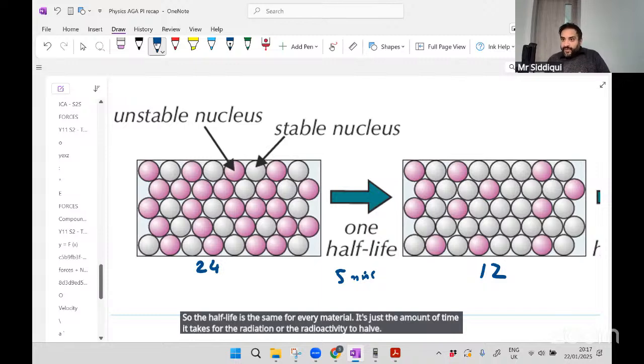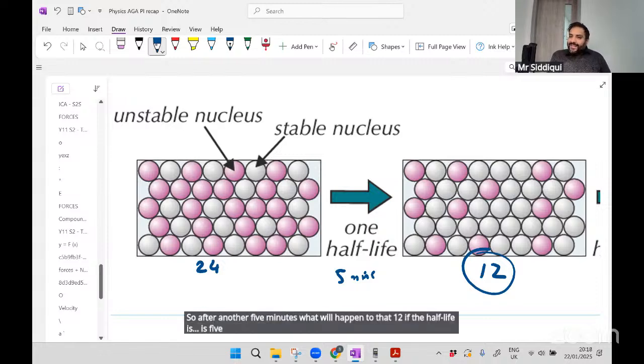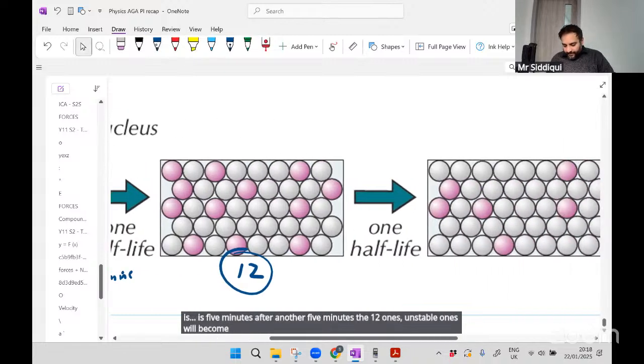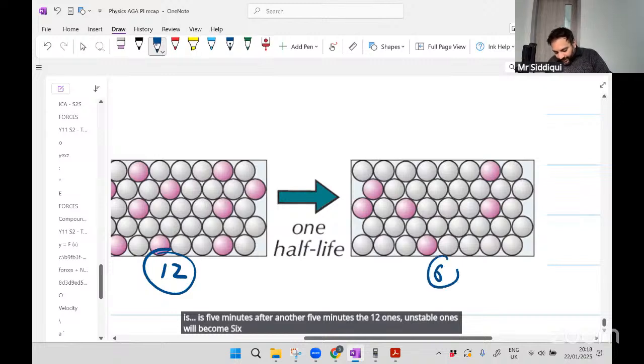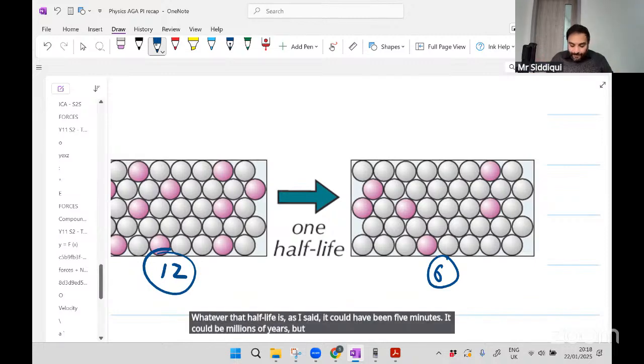So after another 5 minutes, what will happen to that 12 if the half-life is 5 minutes? After another 5 minutes, the 12 unstable ones will become 6 unstable ones, will they not? Whatever that half-life is, it could be 5 minutes, it could be millions of years, but that is what it is.